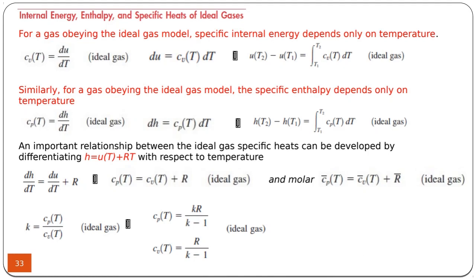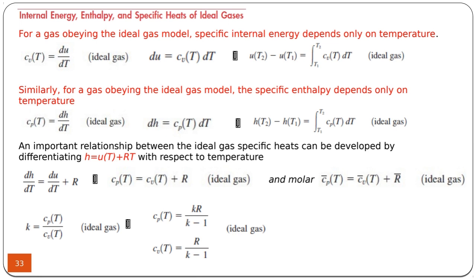Okay, these are the relationships between the specific heats and enthalpies and internal energies. Remember that for an ideal gas, we can always write that the constant volume specific heat is obtained from du over dT, the derivative of internal energy with respect to temperature at constant volume.